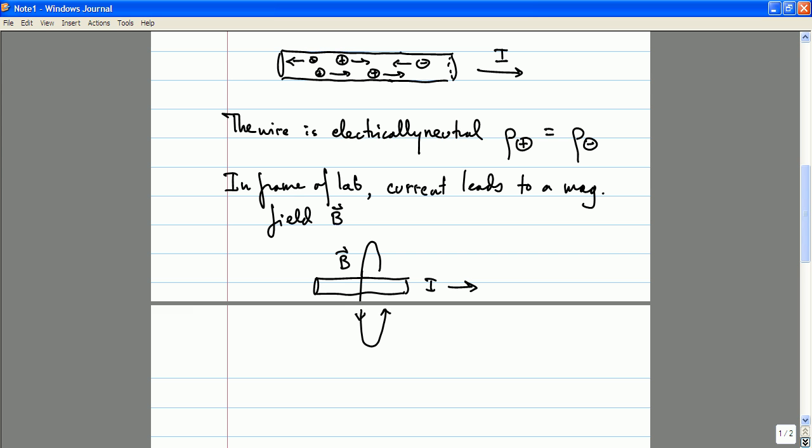Is that familiar to you? Hopefully this is familiar to you. This is, I guess, Ampere's law or something like that. It says that if you have a current, then you'll have some circular B field moving around it.